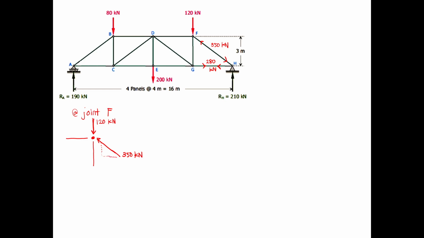So we can try to break this one down. If this one is going diagonally towards the left, it's common sense that for member DF, to keep the horizontal component in equilibrium, this one should be going to the right. Force DF, right?